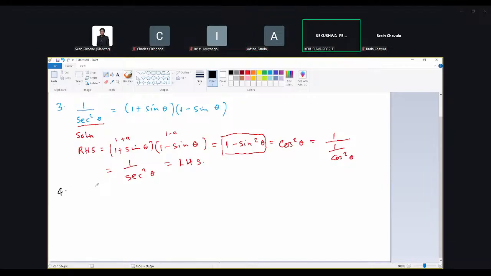To inject the identity of that, which is cos squared theta. Is it not this one which we have here? Okay. So we have used that identity: 1 minus sine squared theta is the cosine squared of theta. Sorry, sir. Okay, it's okay.